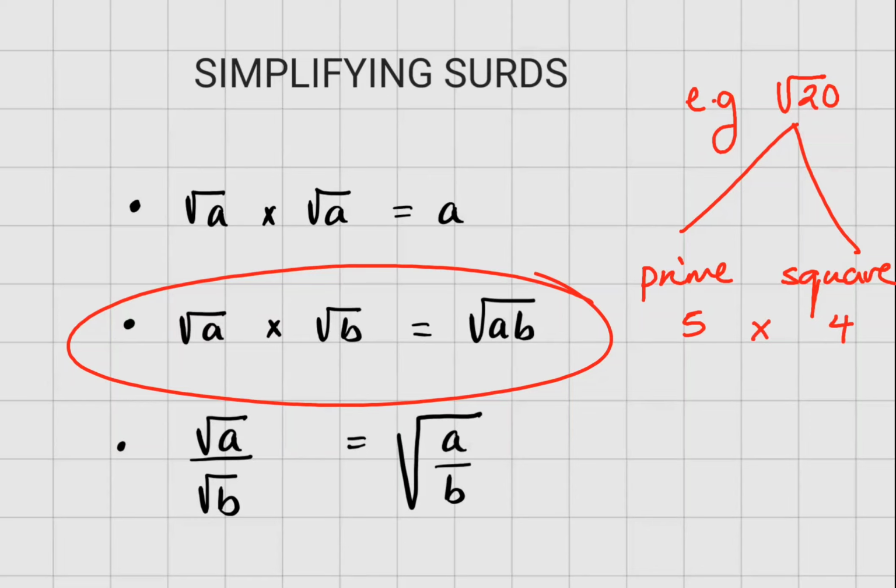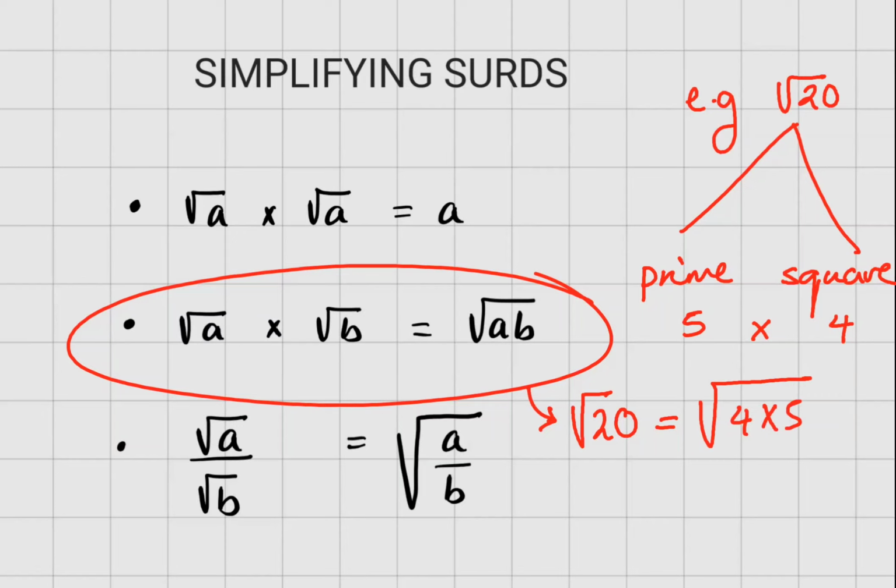Once I have my 2 numbers, my 2 magic numbers, I'm going to use the law of multiplication. So take a look at this. I'm going to start up by saying I have square root of 20. And using the law of multiplication, this is 4 multiplied by 5. I did not change anything. The square root of 20 is the same thing as the square root of 4 times 5.